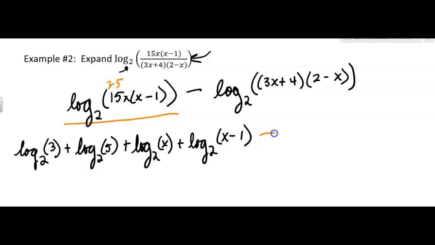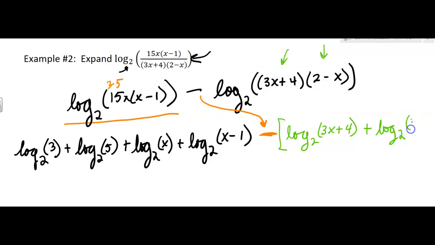Now we have to subtract, and that's the subtraction sign right there. But remember, and I'm going to bring in a bracket now, we have to subtract everything. So when we go to split this up, and by the way, we have just 2 factors here, it's going to be log base 2 of 3x plus 4 plus log base 2 of 2 minus x.